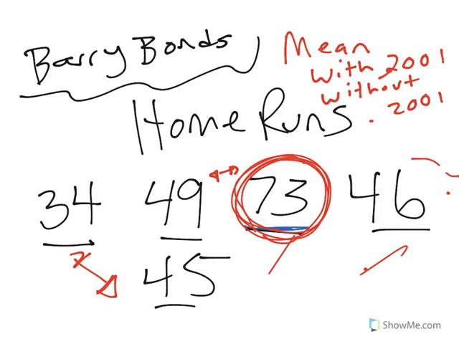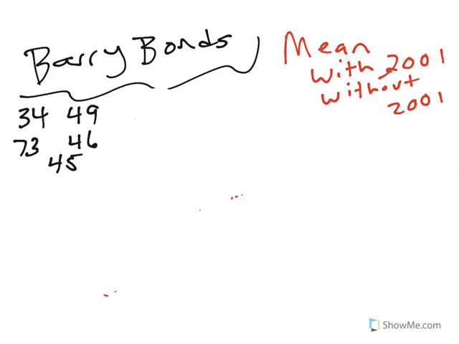So let's put our numbers up here in the top left: 34, 49, 73, 46, and 45. First, let's find his mean with 2001.